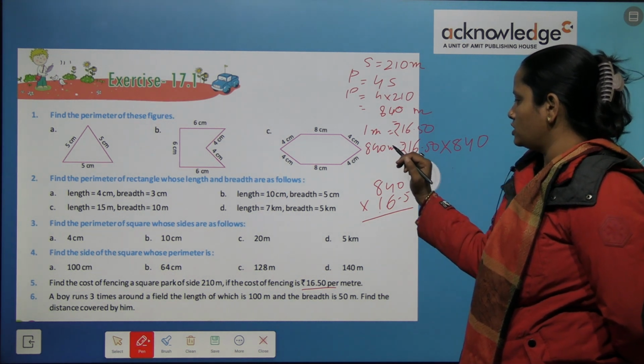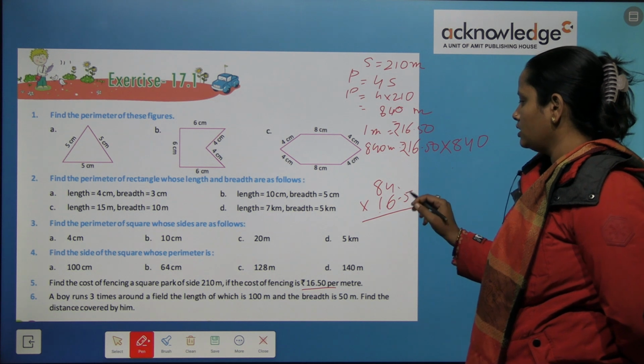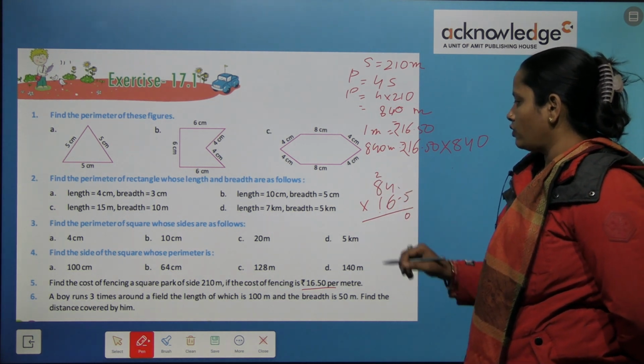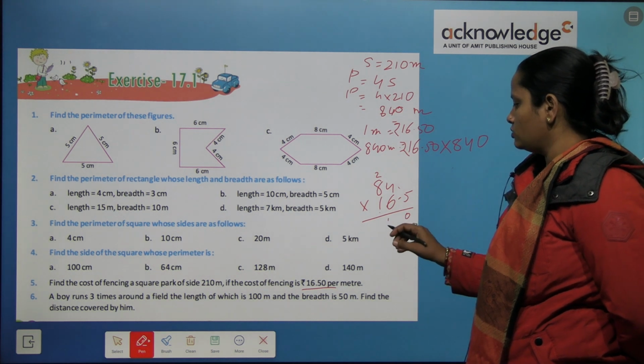So let's remove the 0 first. 0 हटा देते हैं. And 5 4s are 20. 5 8s are 40.